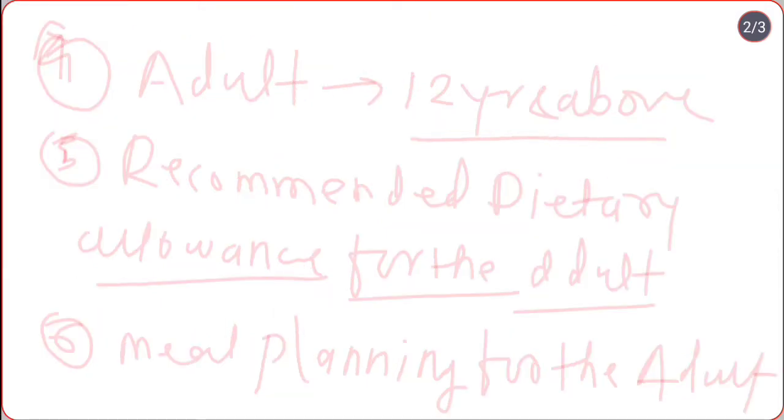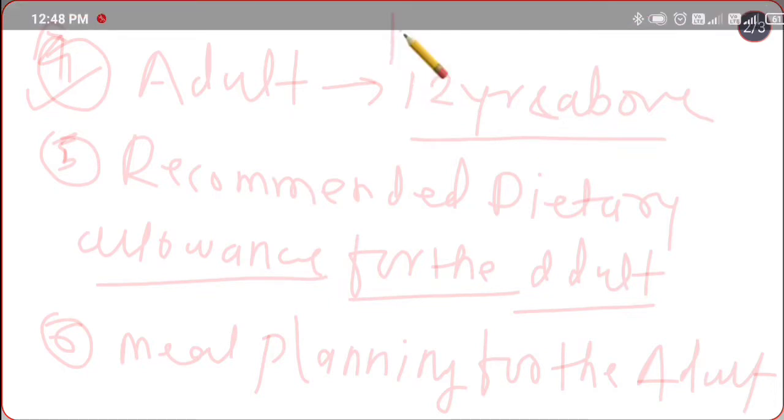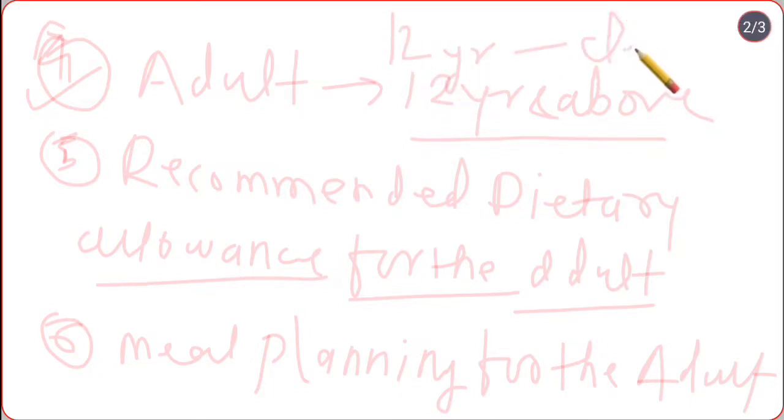Next we discuss what is an adult, after 12 years, any person who has completed 12 years is considered an adult, from 12 years up to the end of life.